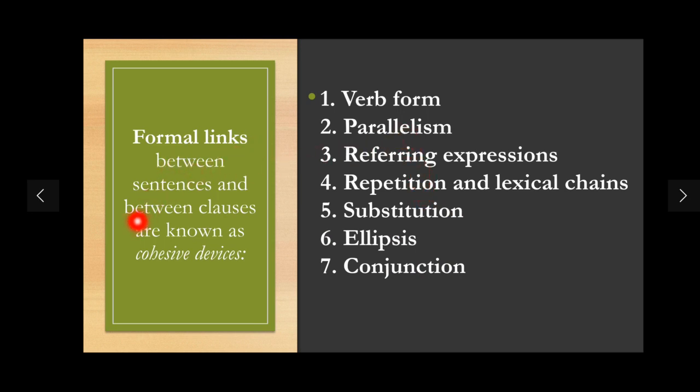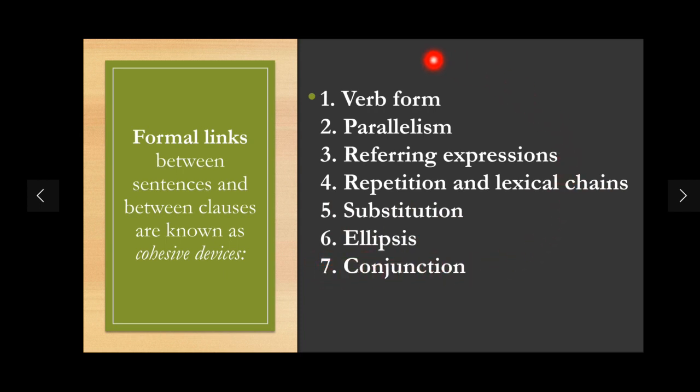Formal links between sentences and between clauses are known as cohesive devices. So formally and technically, these formal links are known as cohesive devices. So we have verb form, we have parallelism, we have referring expressions, we have repetitions and lexical chains, we have substitution, we have ellipsis, and we have conjunctions.